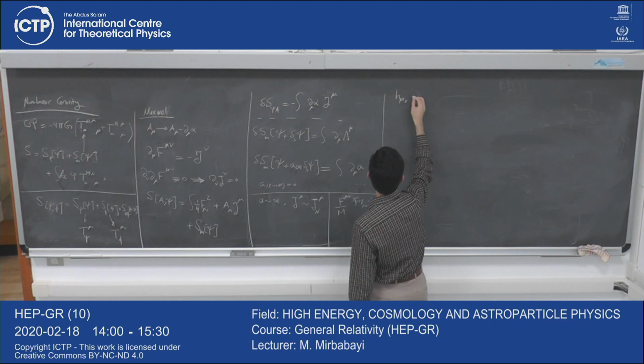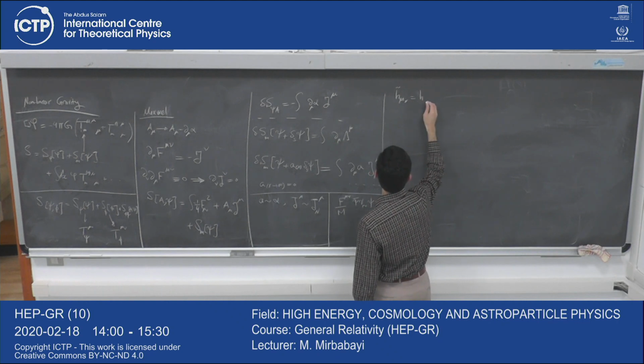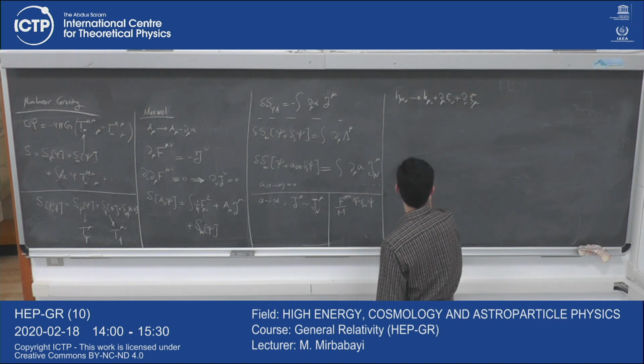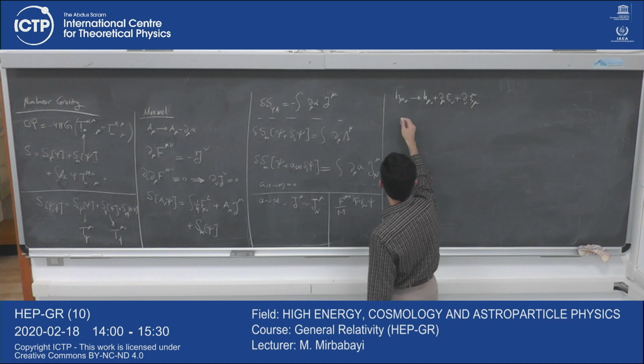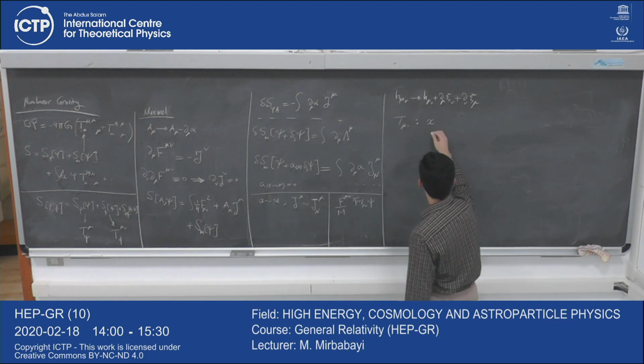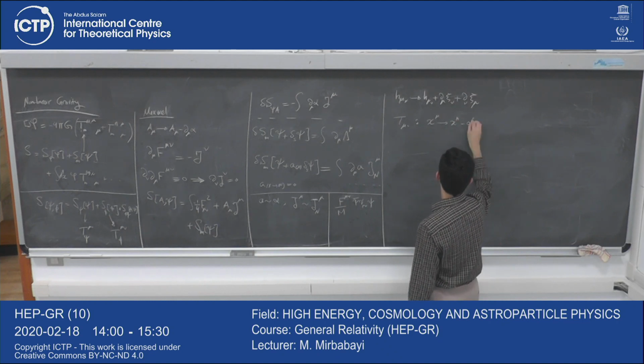So we had h mu nu, which was invariant under this transformation, and then the source that we had was T mu nu, which was the Noether current corresponding to sending x mu to x mu minus a mu.